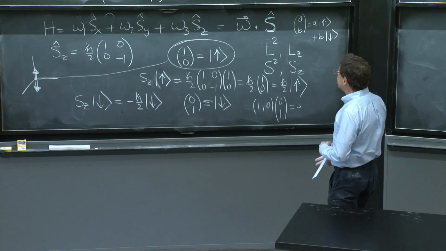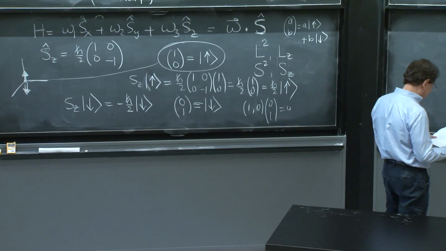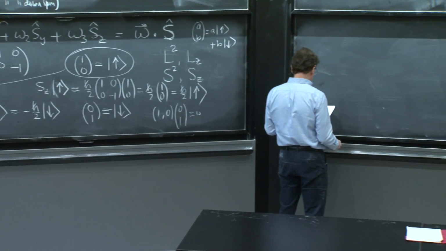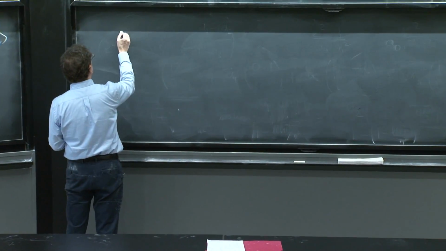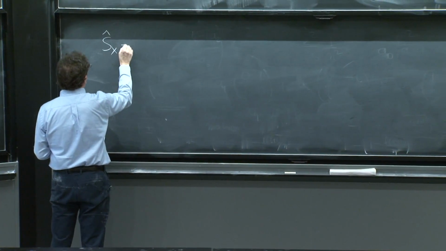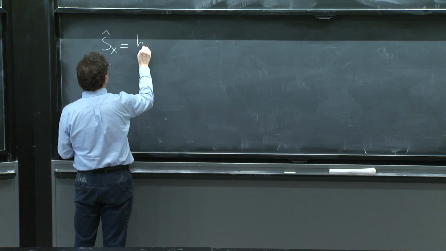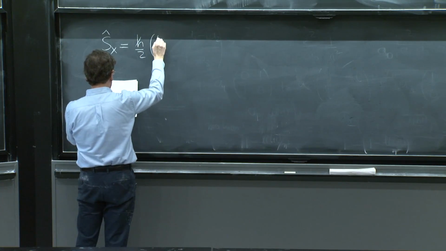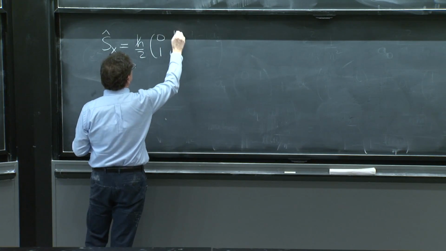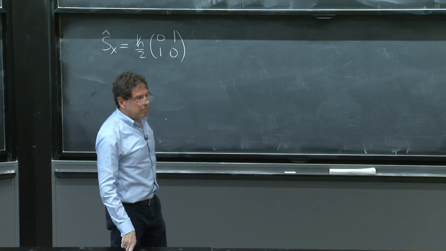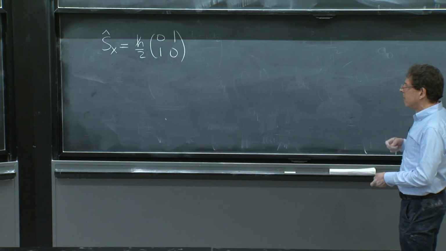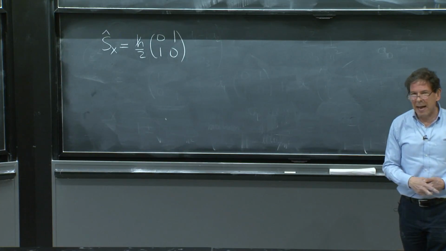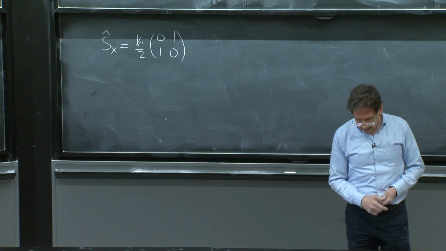Well, let's try to see that. Consider Sx. You have an Sx operator, which is h bar over 2 times the matrix (0, 1; 1, 0). You can try to diagonalize this, but it's more entertaining to imagine other things.